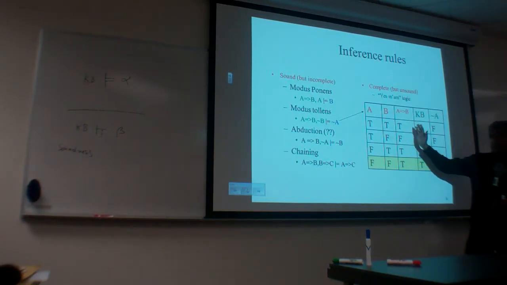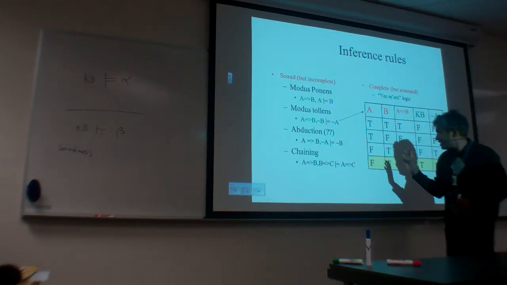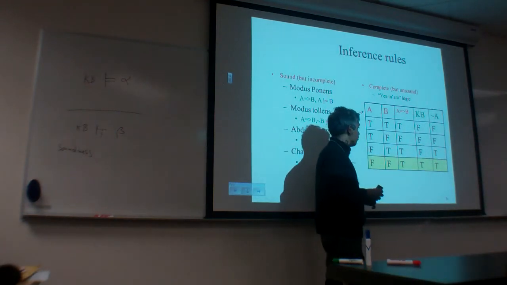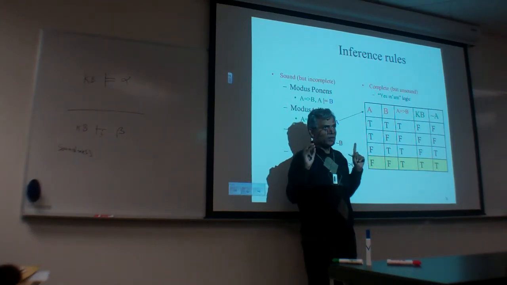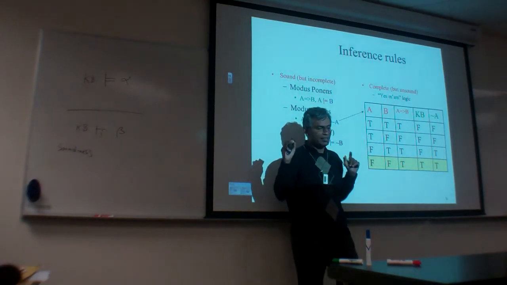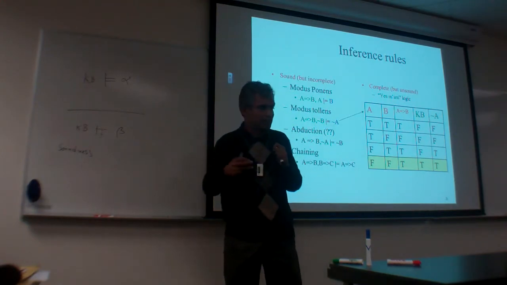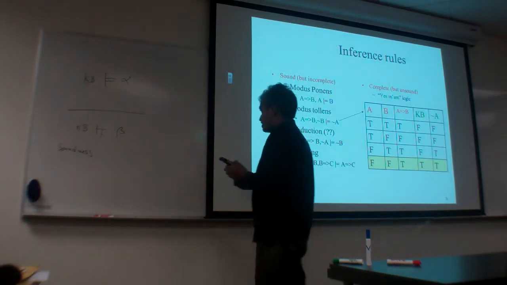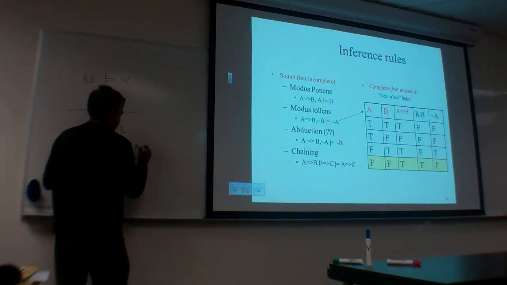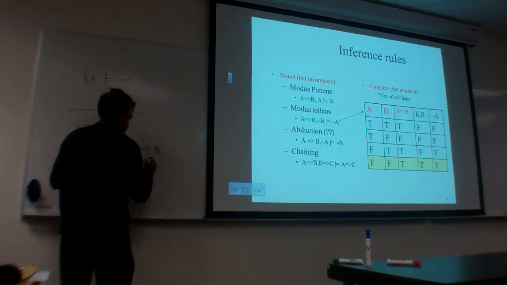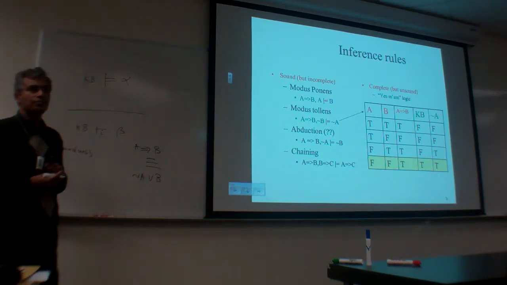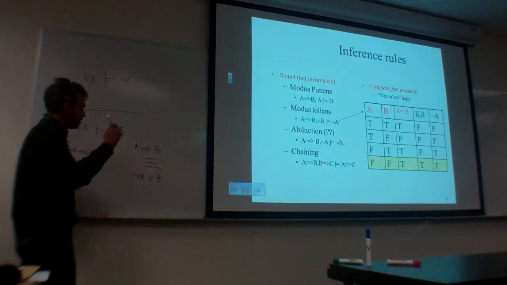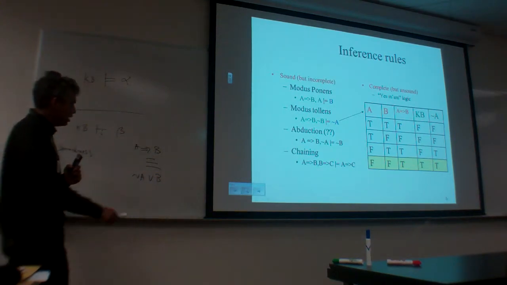By the way, notice that an implication is actually false only in one of the worlds. This is not too obvious to people. You have to remember that a logical implication, A implies B, is equivalent to not A or B. That's what it is. Which means the implication becomes true if B is true.